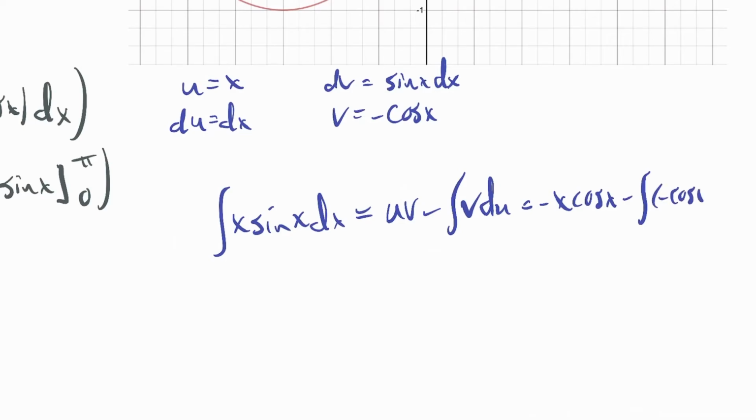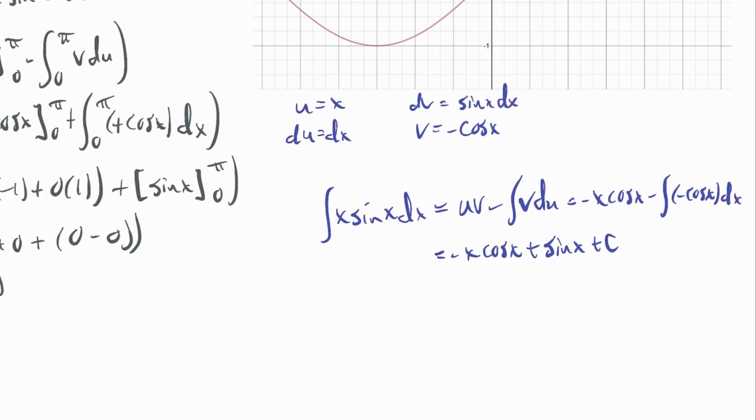Negative cosine x dx. So this equals negative x cosine x plus sine x plus c, right? Okay. Then we could say, all right, well, that means that the integral from 0 to pi of x sine x.